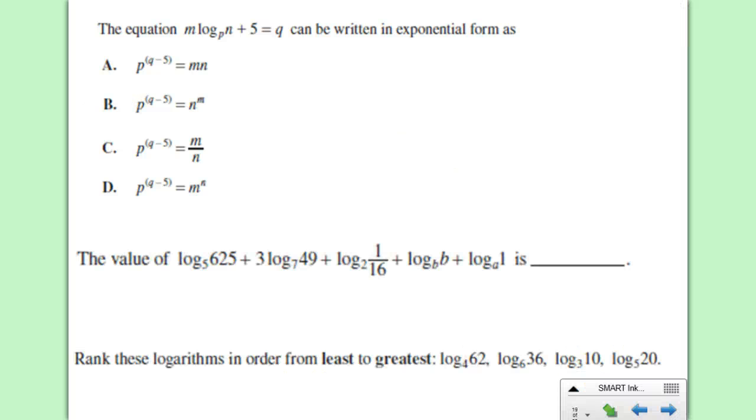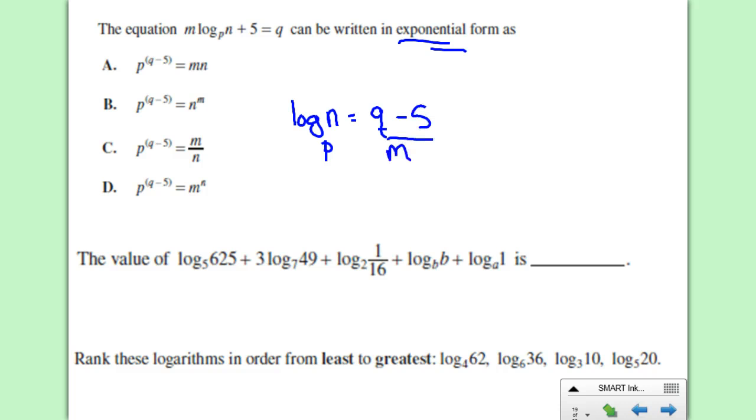So as we handle this puzzle, a good diploma exam type question, we say to ourselves, I remember this, we did a little bit of this, so I need to solve this and rewrite it in exponential form. So I need to get the log by itself. So log n base p is equal to, well, the first thing I should do is go q minus 5, and then I also have to divide by m.